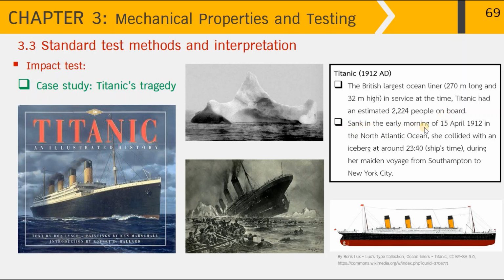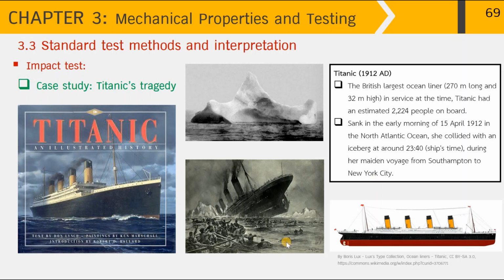Sadly, it sank in the early morning of the 15th April 1912 in the North Atlantic Ocean when she collided with an iceberg at almost midnight during her maiden voyage from Southampton to New York City.